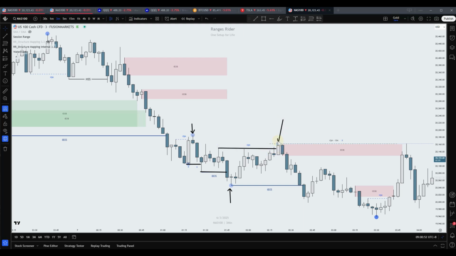Now this is the leg, just like from here. This is the leg which was going higher to take this high, and this is the leg which is going lower to take this low. If it fails here and then the price goes here, then this will be the market structure shift, and from here we will be looking to buy, okay?